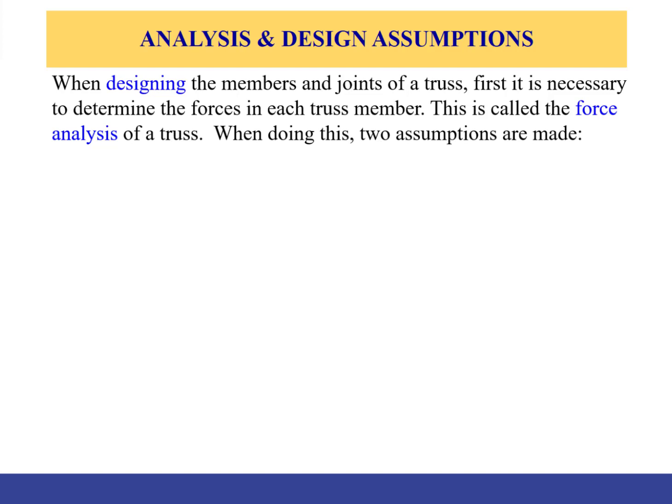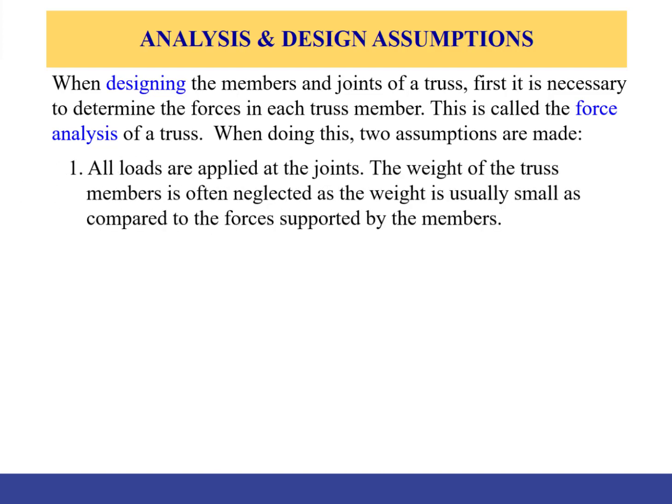Now there are two assumptions made. The first assumption made during the design of members and joints of a simple truss is that all loads are applied at the joints. So as you saw previously, we didn't have loads applied along the length of the members, rather all of them were transferred as an equivalent force on the joints.